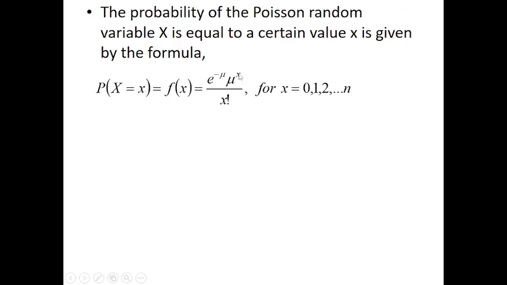So this is the formula: P(X = x) equals e to the negative mu, times mu to the x, over x factorial. Here mu is the Greek letter mu. This is true for x equals 0, 1, 2, and so forth, where x is a non-negative integer, meaning 0 and all positive integers.